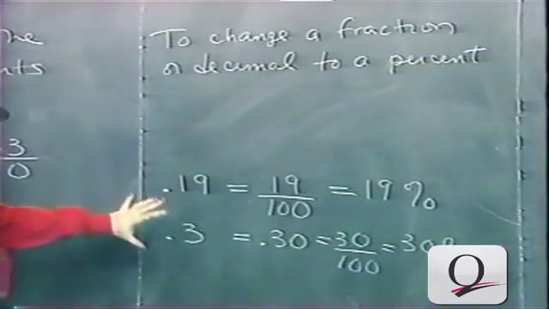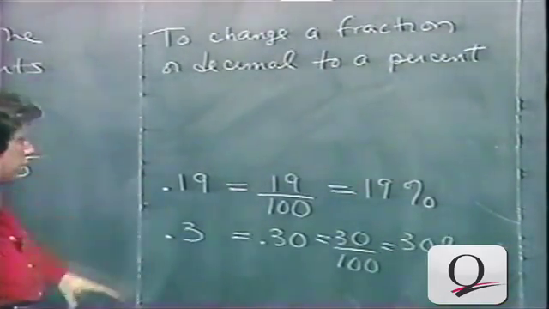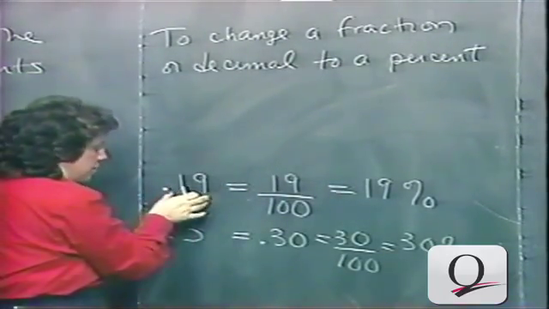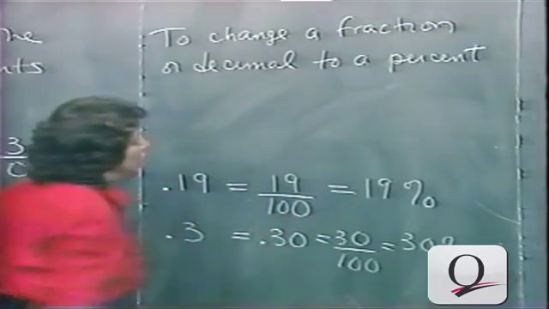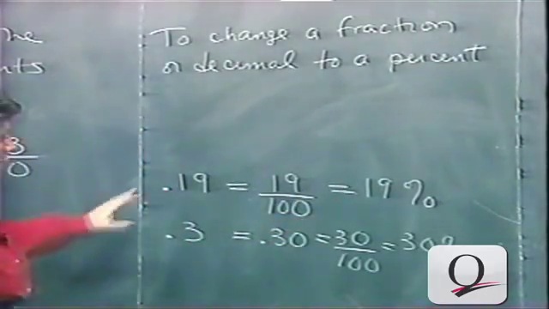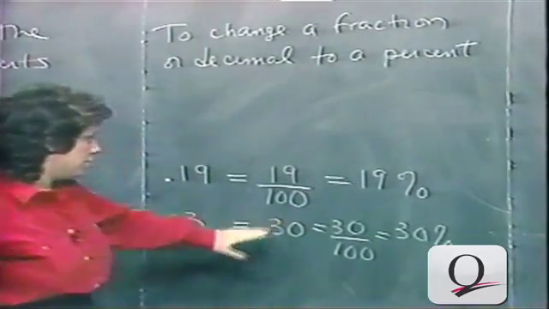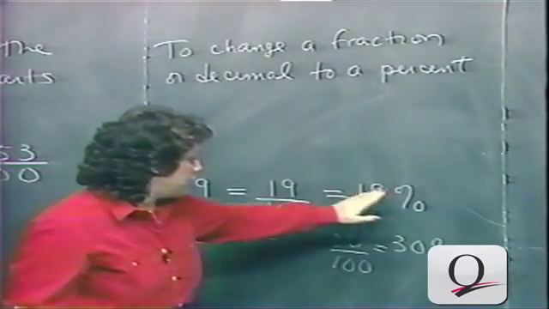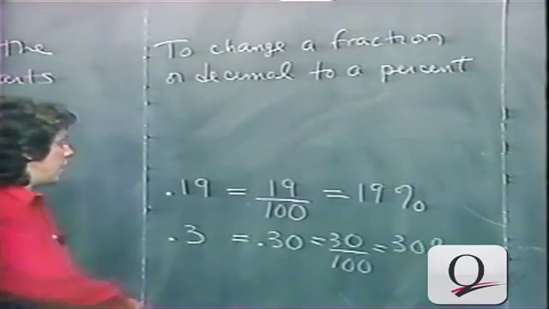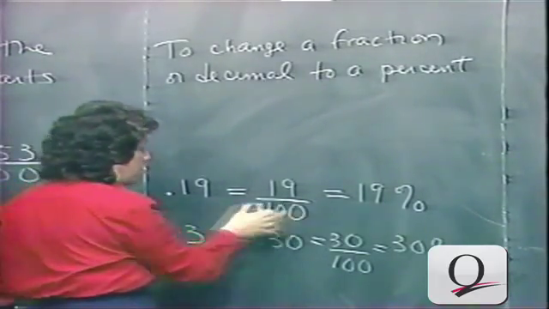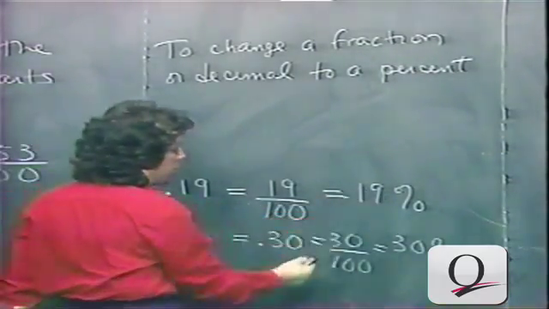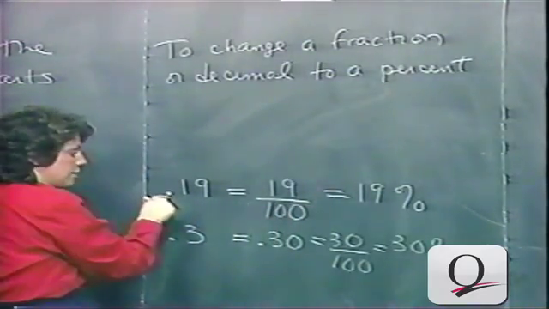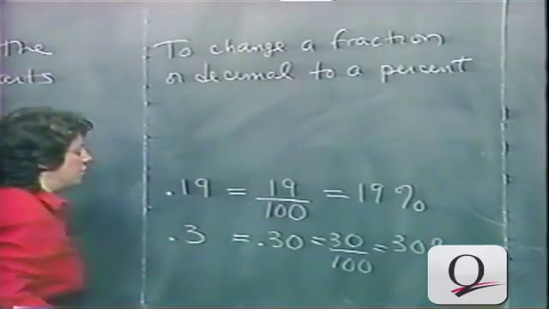Following this procedure, we can talk about this being either a decimal or a fraction that we are trying to change into a percent. In both cases, what we have been doing is multiplying by 100 and adding the percent sign. If we multiply a decimal by 100, we move the decimal 2 places to the right.